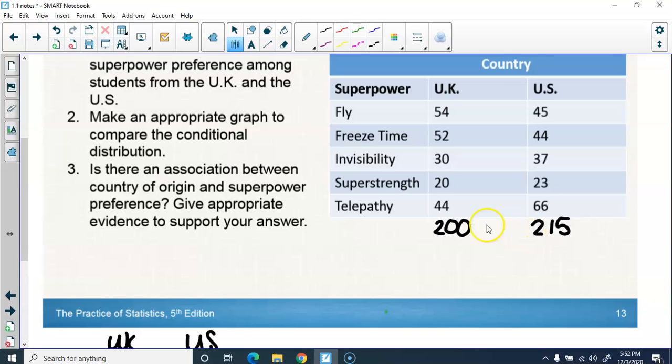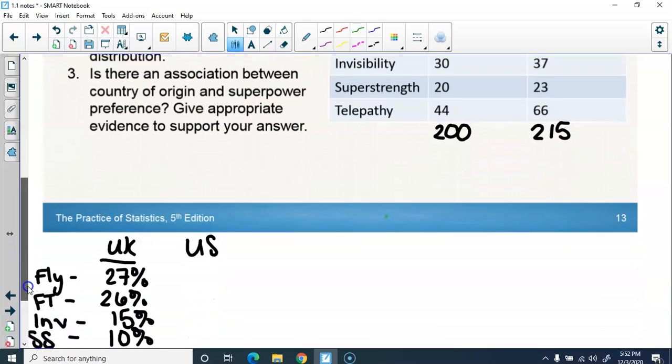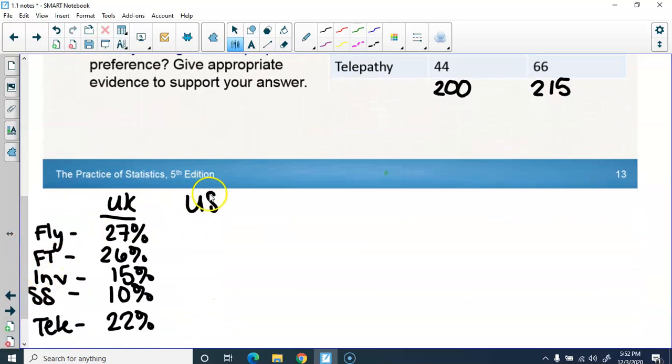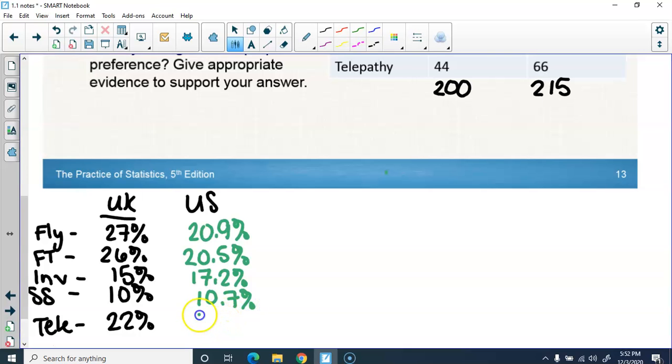So 45 divided by 215 is our first US value, which is 20.9%. Then 20.5%, 17.2%, 10.7%, and 30.7%.